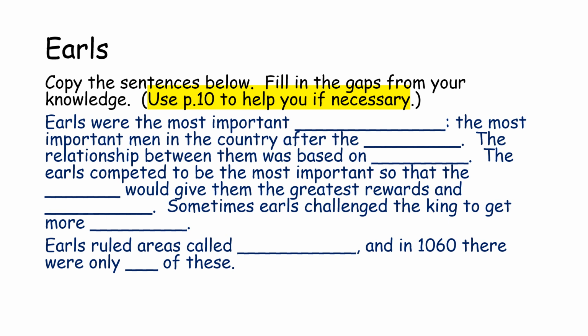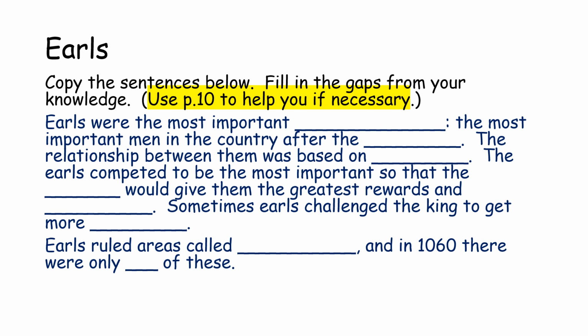Okay, next task, copying and completing. This is about earls now. Copy the sentences below, filling in the gaps from your knowledge. This is mostly taken from page 10 of the textbook, so if you need to, you can look there to fill this in. So earls were the most important somethings, the most important men in the country after the relationship between them was based on the earls competed to be the most important, so that would give them the greatest rewards, and sometimes earls challenged the king to get more.